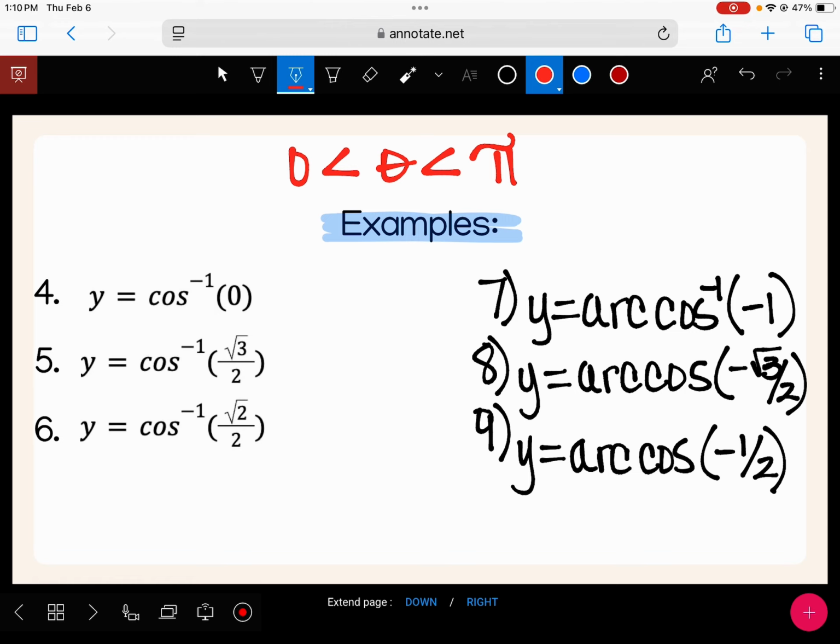What would you write? Looking at your unit circle, between these 2 quadrants, where is cosine 0? Yep, and what's the angle? That's your answer. Always put on that arrow.